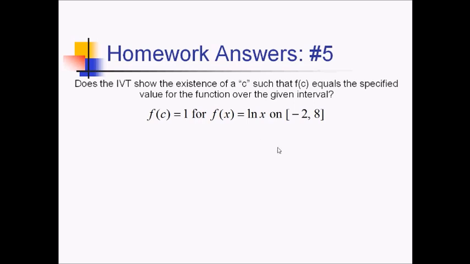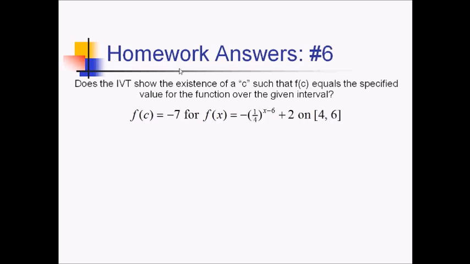Does that affect us on this problem? Well, it does, because there's some x values in here that are less than or equal to 0. Because ln of x is undefined on some of those x values, we would say that we're not continuous on the whole interval, so the IVT does not apply and cannot guarantee anything on this. There might still be a c value that makes all this stuff equal 1, we just can't guarantee it because of the interval they gave us.